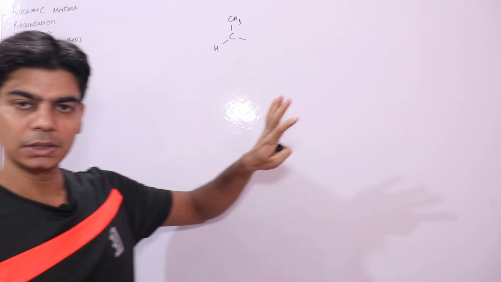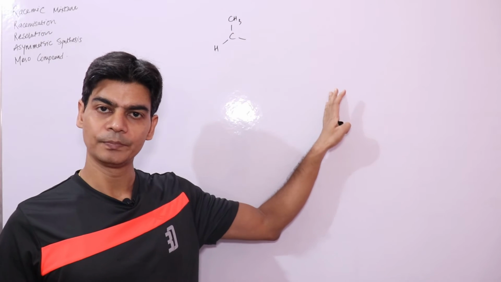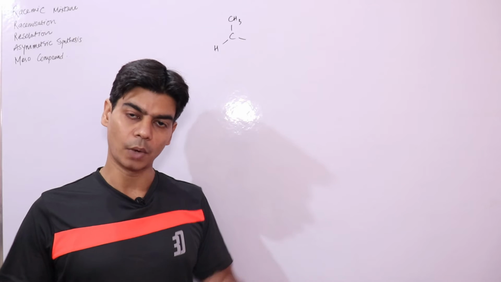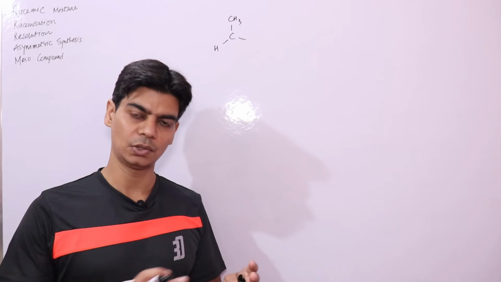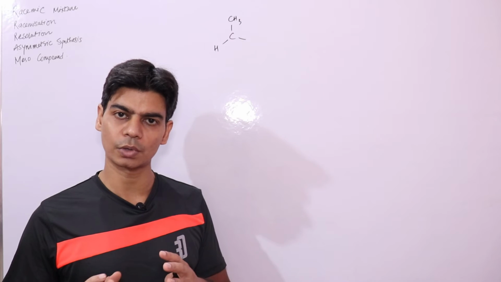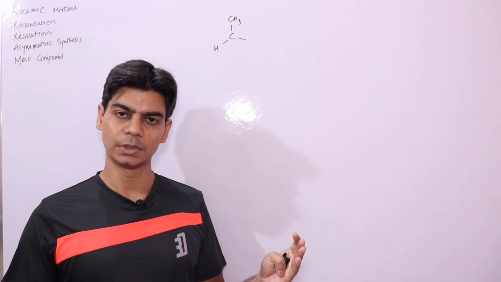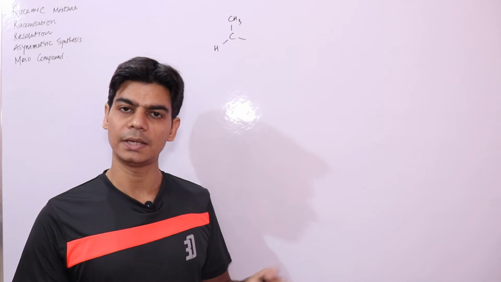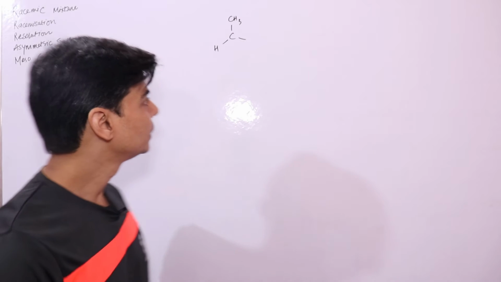And these enantiomers, which are isomers, differ in their behavior towards plane polarized light. One will rotate the plane polarized light towards right, which is dextrorotatory, and the other enantiomer will rotate the plane of polarized light towards left, right?